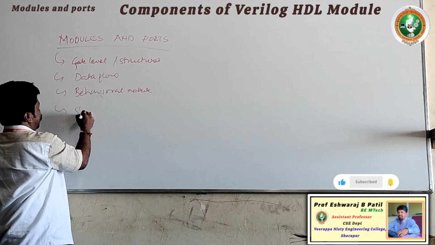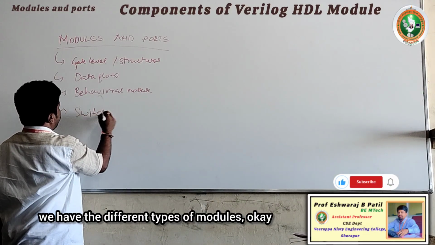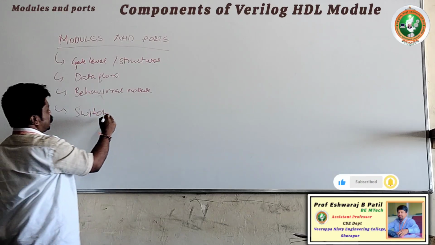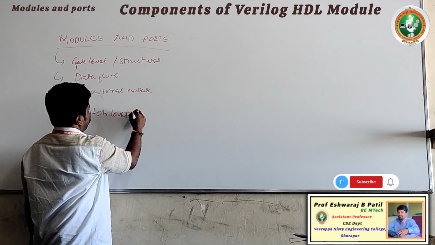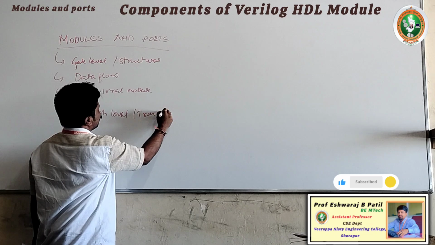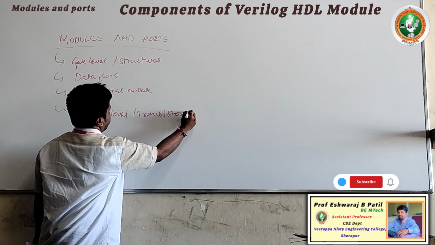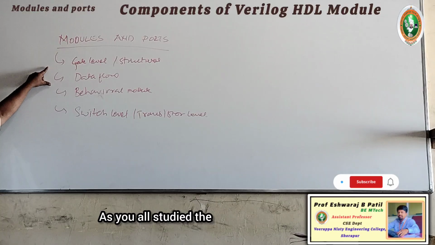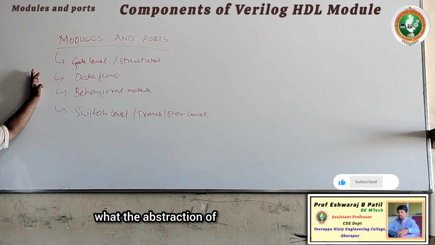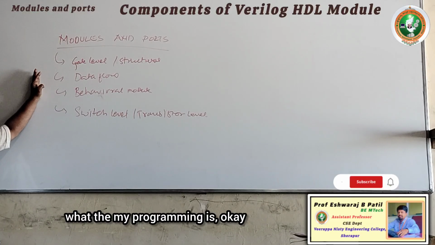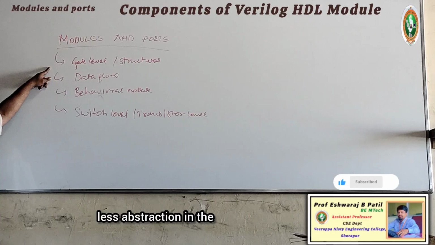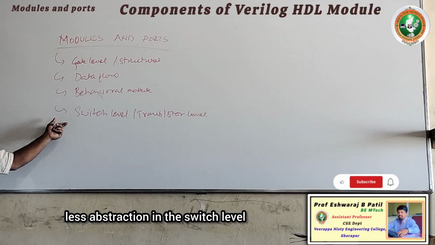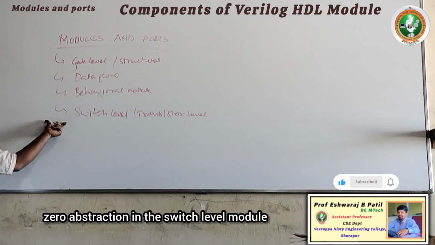Based on the abstraction, we have different types of models. Switch level or transistor level. As you all studied, this is based on the abstraction of my programming. We have zero abstraction in the switch level model.